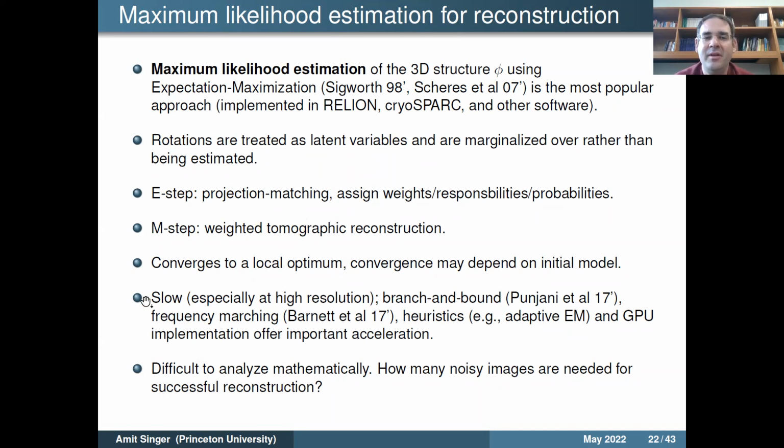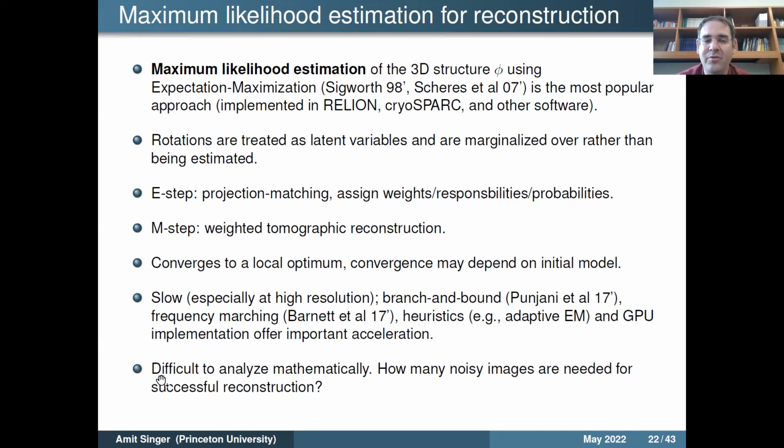The issue is that EM, as we know, may have problems. It may converge to a local optimum instead of the global one, where convergence may depend on the initial model. It could be very slow because you need many iterations over the entire data set. Many heuristics and techniques have been proposed over the years to accelerate that.